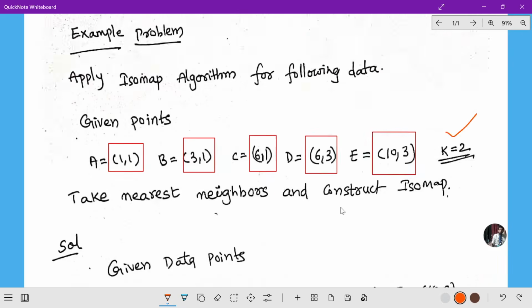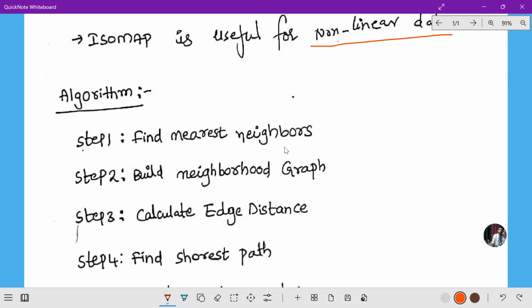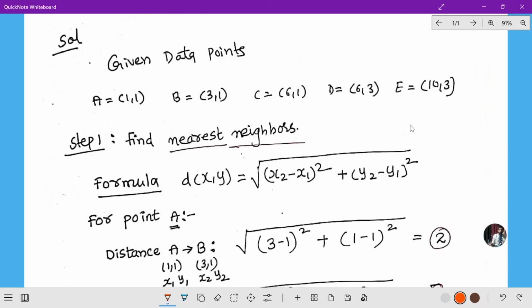What is the first step in the algorithm? The first step is find the nearest neighbors. What is the meaning of nearest neighbors? In the given data A, B, C, D, E, in order to find the nearest neighbors, we'll use one formula: square root of (x2 minus x1) whole square plus (y2 minus y1) whole square.